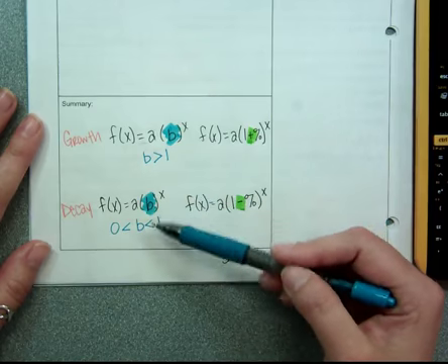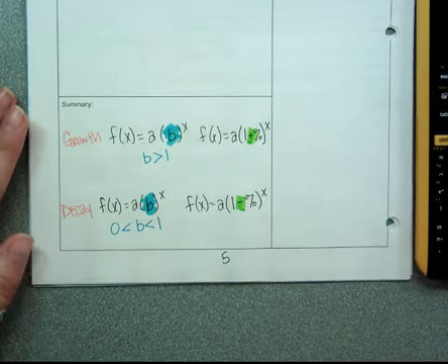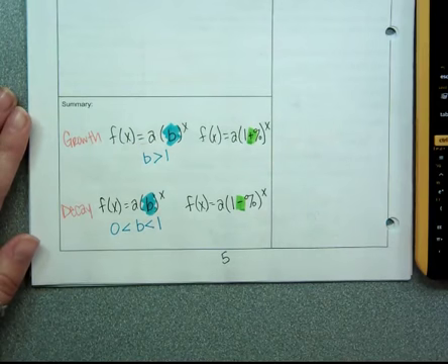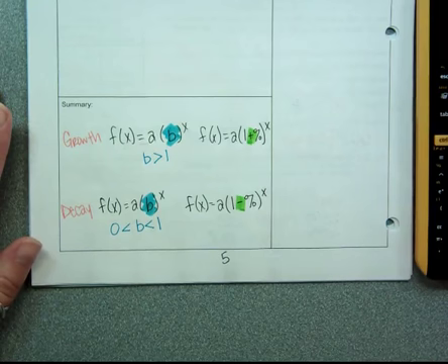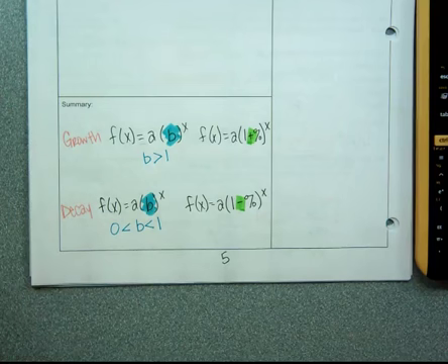You can talk about the b value or, with the percent, how it changes. And then the other one I want to make sure you have: how do you convert a percent to a decimal?